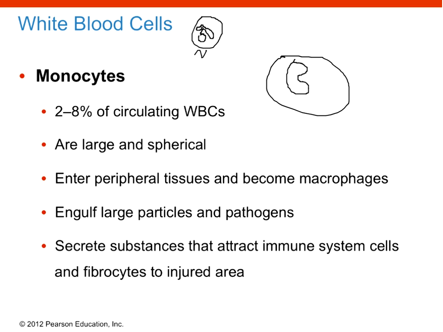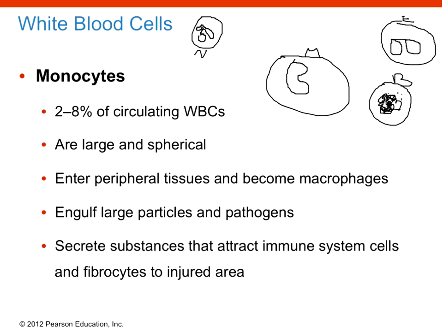This would be a monocyte. And then for the eosinophils, they had the bilobed nucleus. And then for the basophils, they just look like there's a lot of stuff going on in there, with the nucleus all over. So that was the eosinophil. This one here is a basophil. And the basophil, the eosinophil, and the neutrophil all had little granules in them. But the monocyte, the one we're talking about now, did not have those granules.